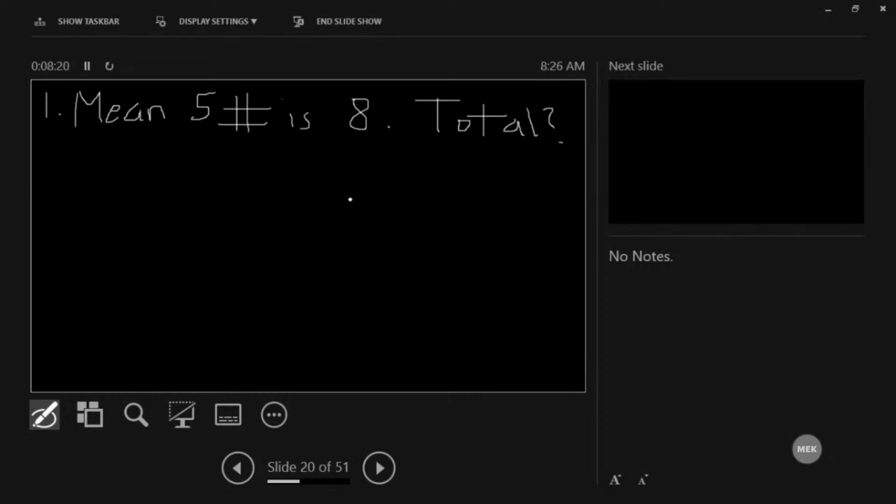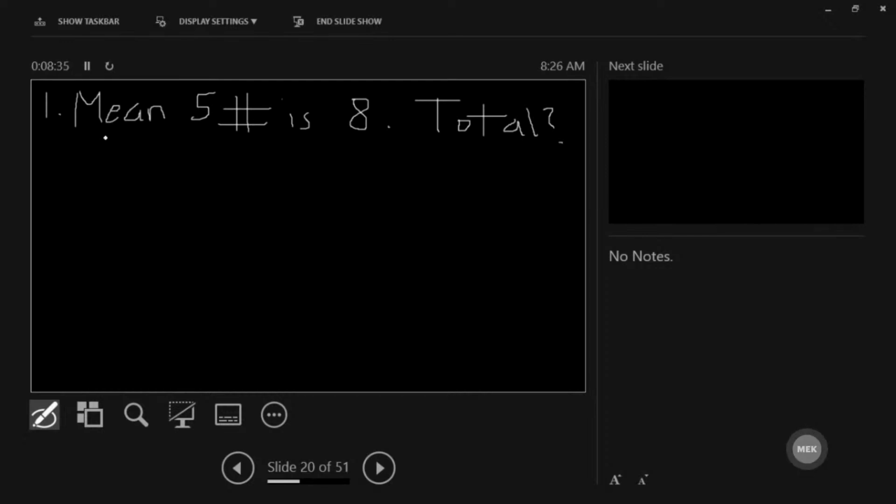So the first problem says, the mean of 5 numbers is 8, right? And they want to know what is the total of the 5 numbers? So remember, to get the mean, we add them up, so we get the total, and divide by the number of numbers.